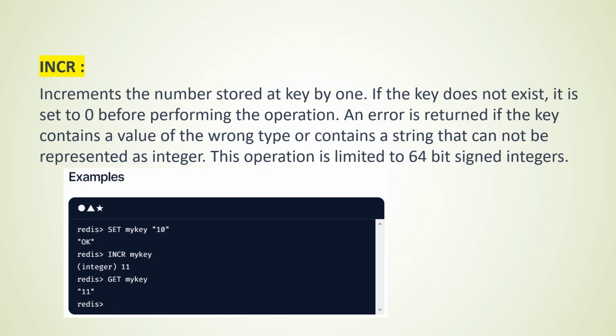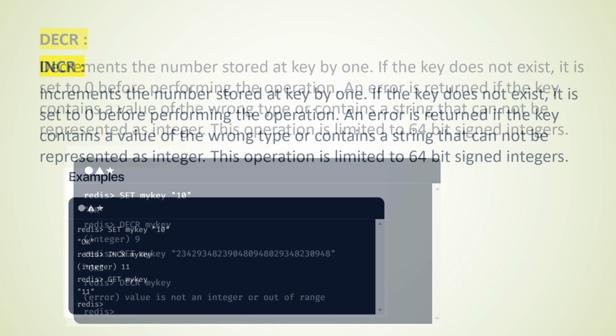INCR increments the number stored at key by 1. If the key does not exist, it is set to 0 before performing the operation. An error is returned if the key contains a value of the wrong type or contains a string that cannot be represented as integer. This operation is limited to 64-bit signed integers.